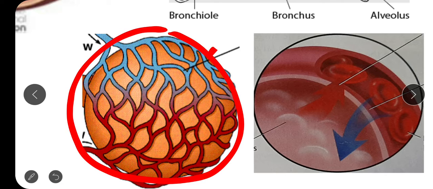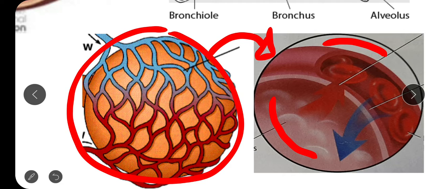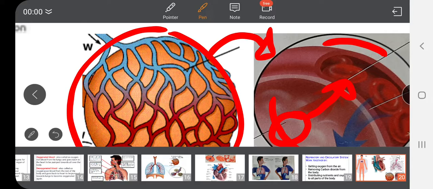So, we are going to enlarge this image here. You can see that this is the alveoli here and the capillary here. Now, this is the oxygen. As indicated by the arrow, the oxygen is going to the blood. So, when oxygen is already in the blood, next, what will happen?